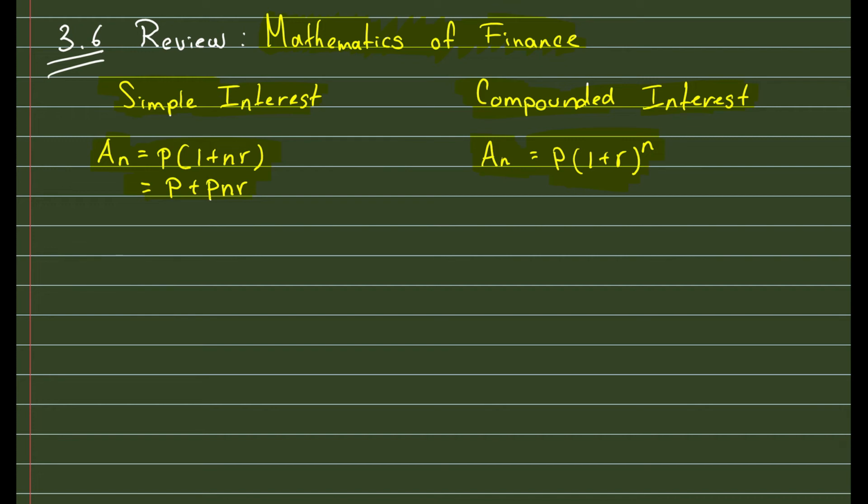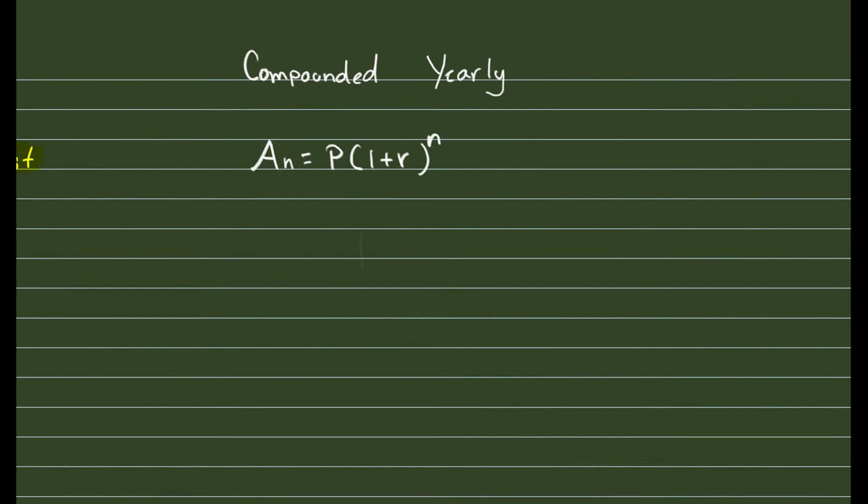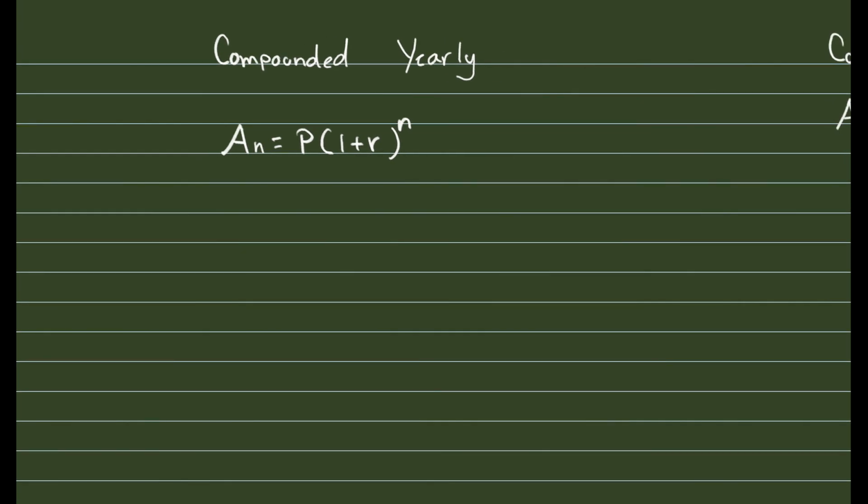Alright, so this is the formula for compounded interest, and we want to see what it looks like when compounded yearly. When something is compounded yearly, the amount after n years is equal to P, where P is the principal amount, times 1 plus R, where R is the yearly rate.